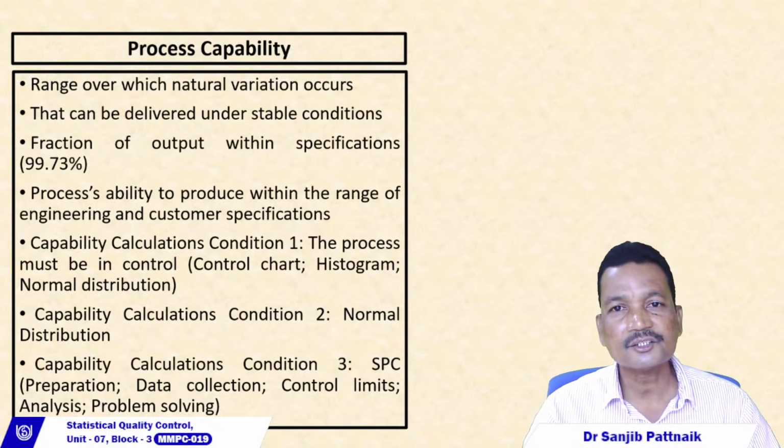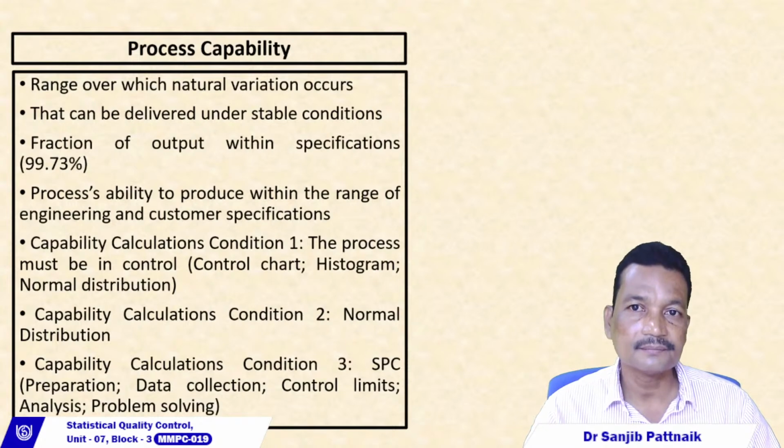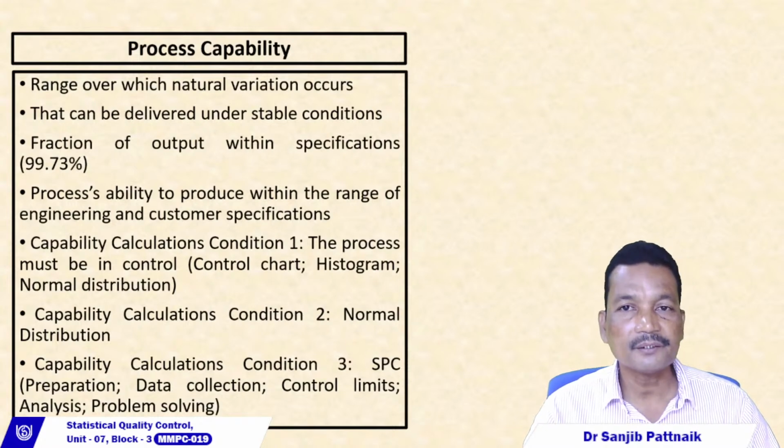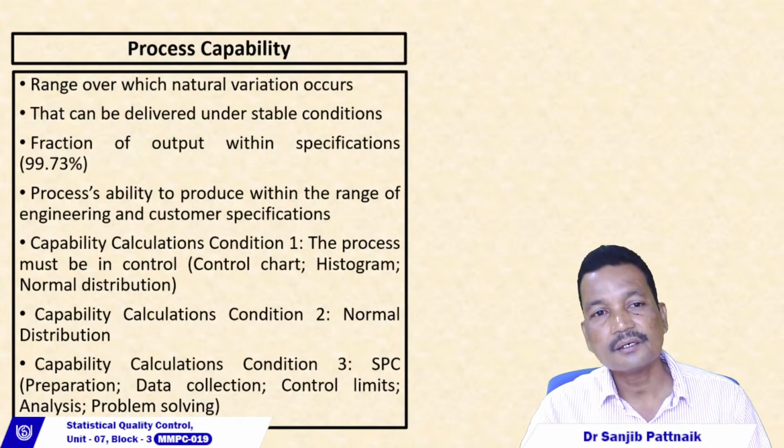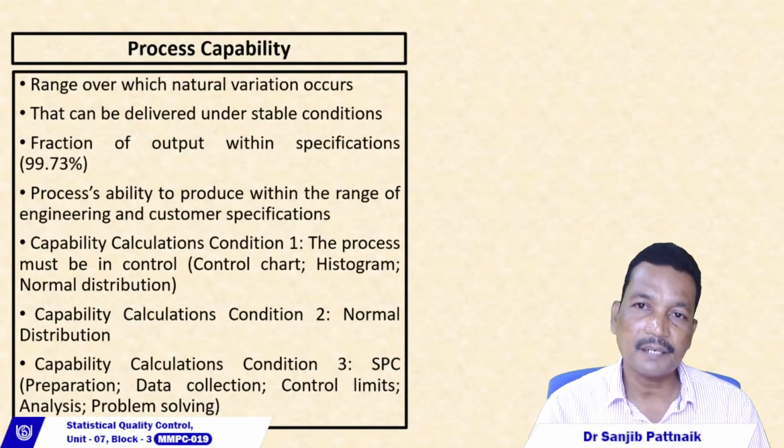It will contain some kind of variation, maybe due to machineries, maybe due to human processes, etc. These are called natural variation.